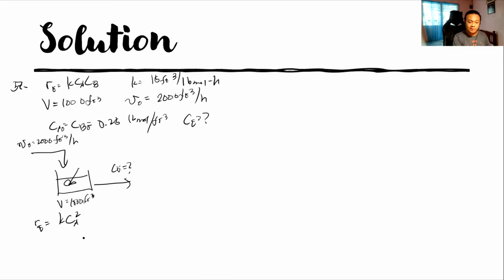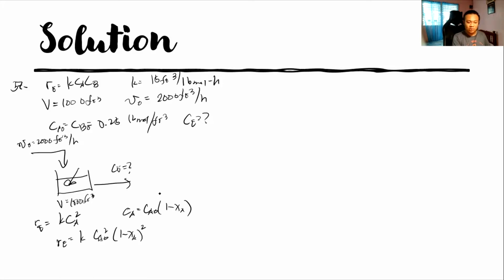Okay? So in terms of conversion, so let's transform that to in terms of conversion. So Ca is actually CA0 (1 minus XA). That's the conversion equation. So let's substitute that here. So RE, K, so CA0 squared (1 minus XA) squared.